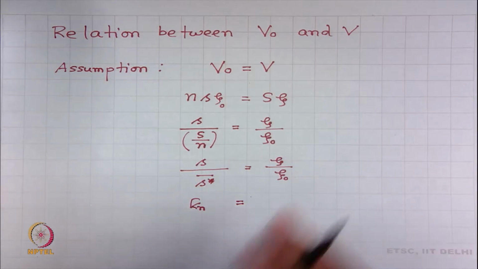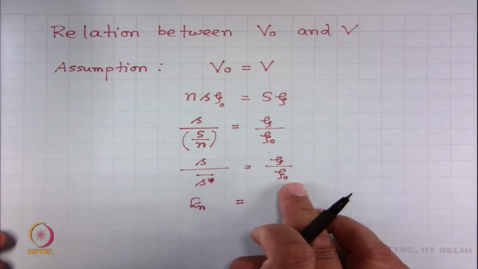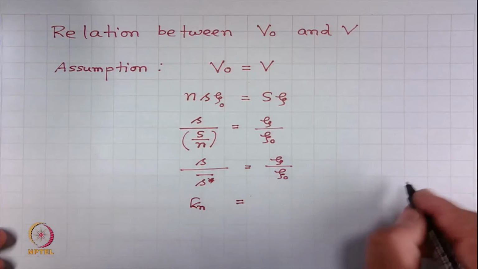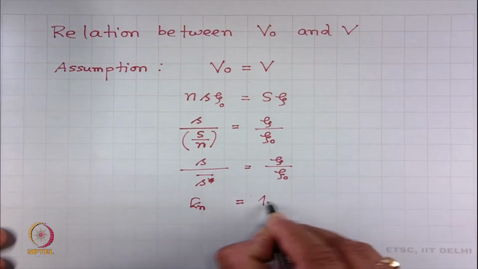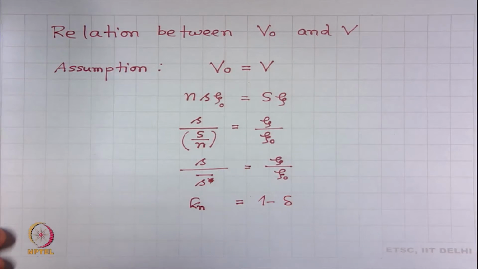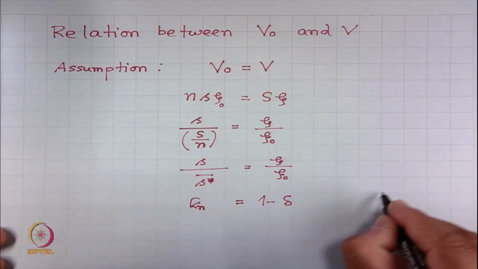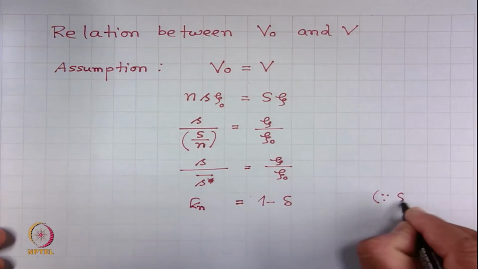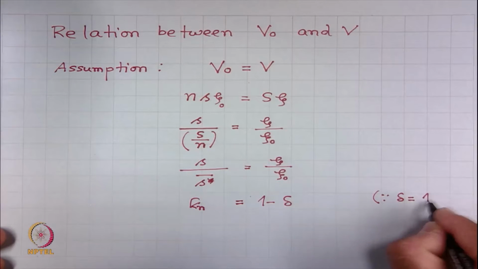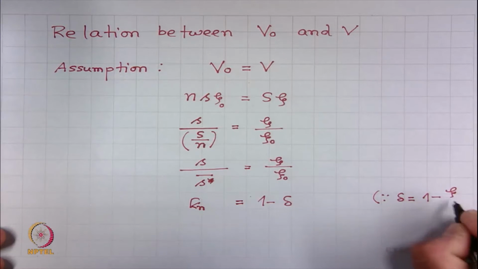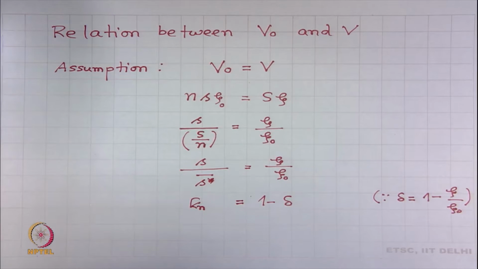And what is this? This is 1 minus retraction. Why? You know the definition of retraction, change in length by original length. So, this is this.